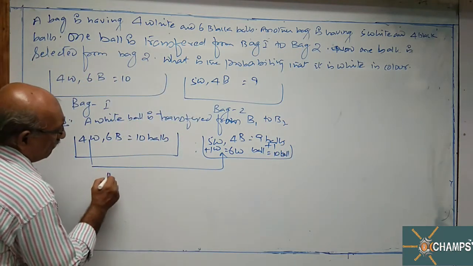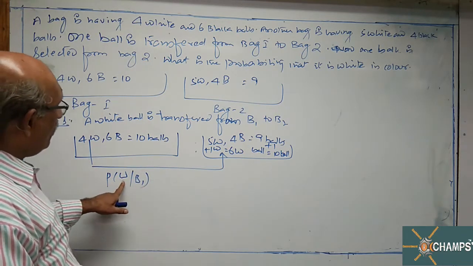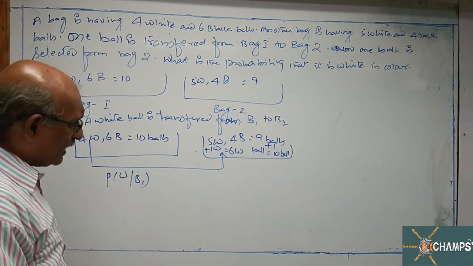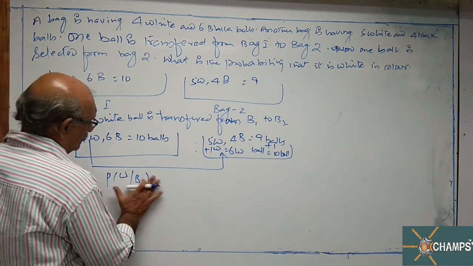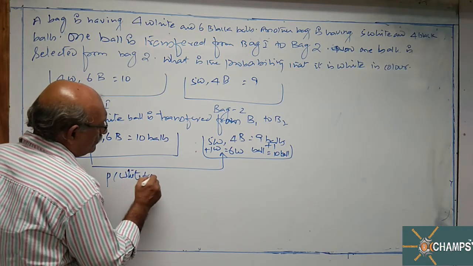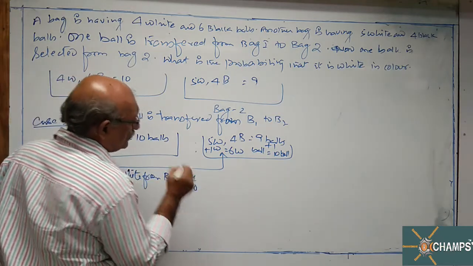So probability of drawing a white ball from bag number 1. Probability of drawing a white ball means transferring a white ball from bag number 1. Probability of white from B1 is equal to 4 by 10.